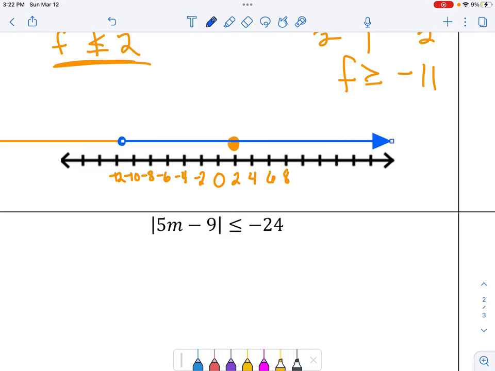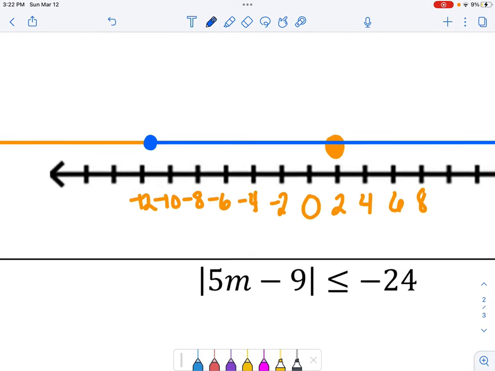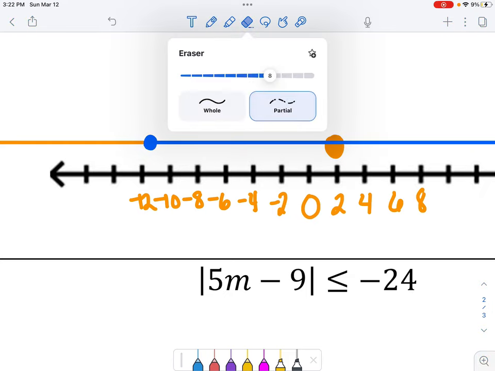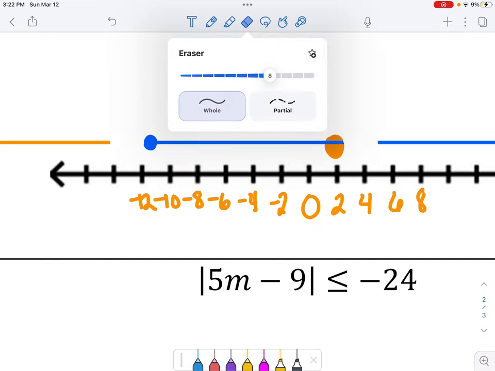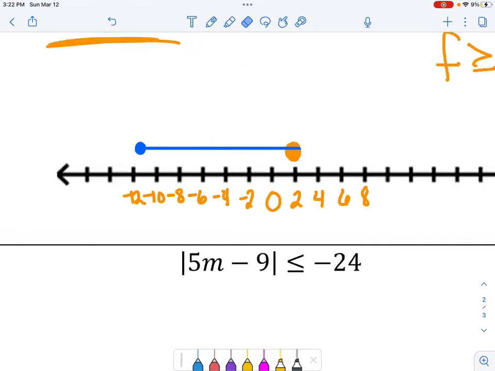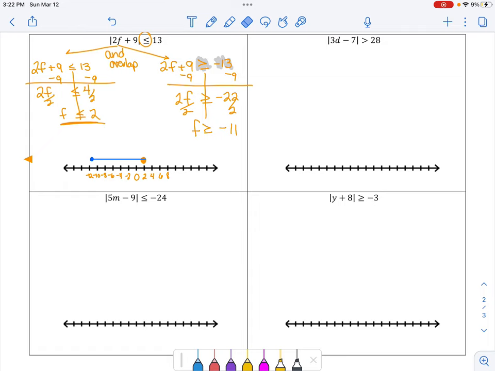So please remember the final answer, since this was an and problem, is only where the orange and the blue overlapped, which in this case means I need to erase everything outside of those solid dots. Remember, and problems is an overlap. So that answer that I have right there is your only answer.